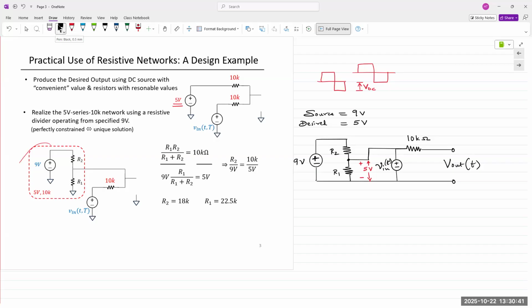And that's an application of Thevenin's theorem. Desired VTH is 5 volts. Desired RTH is 10 kilo ohms.